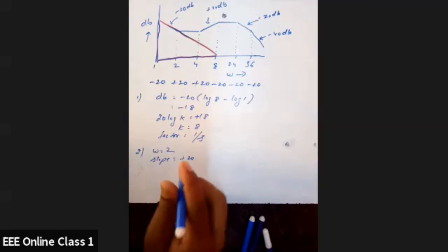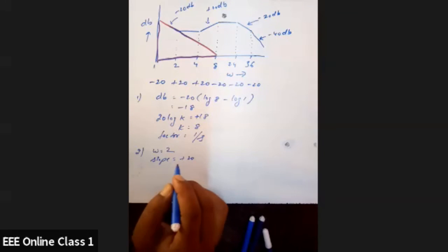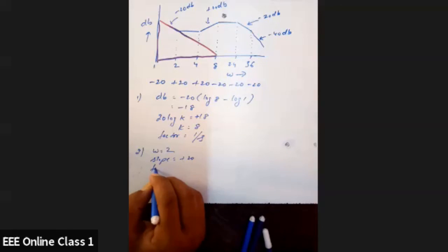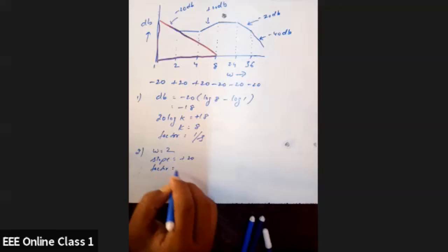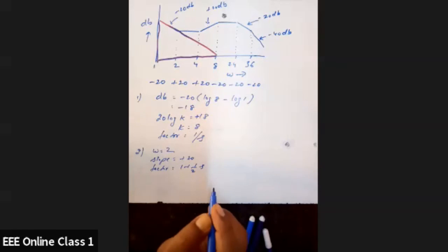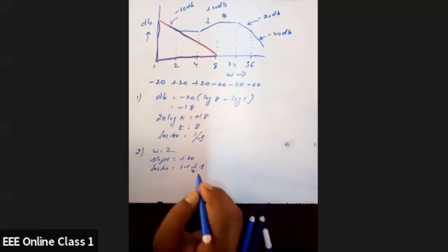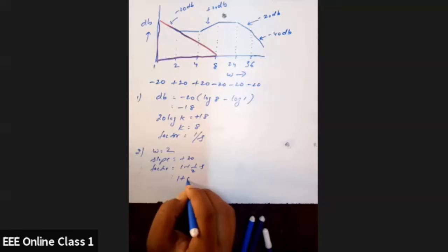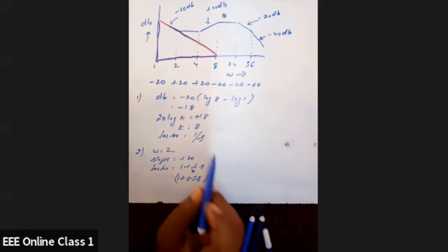So now factor is 1 plus 1 by 2 s. So this becomes 1 plus 0.5 s. This is my second factor.